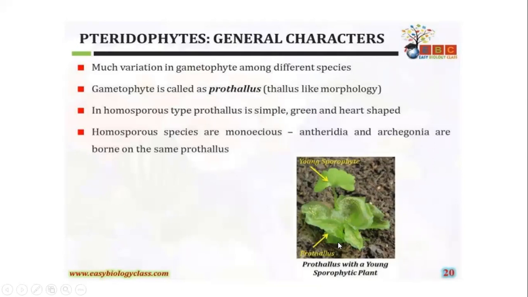This prothallus is very simple, green and heart-shaped. Why is it green? As I just told you, both the gametophyte and sporophyte are independent, so they prepare their own food material.